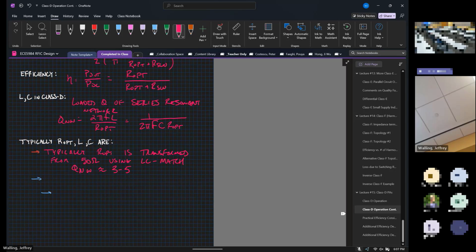So when we want to design a class D amplifier, it's a pretty simple process.